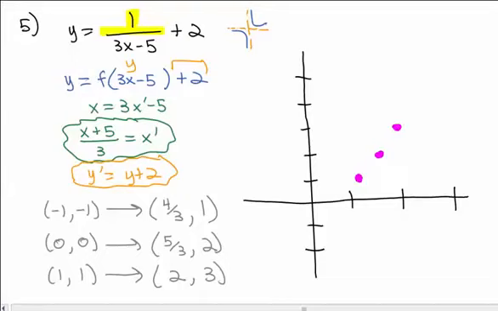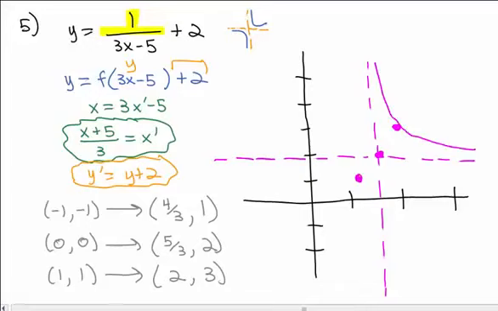Now remember, those points are not all on the graph. The center one is the intersection of the asymptotes. So go ahead and draw your asymptotes that have a crosshair at that center point, and then you can graph around the asymptotes. That last one wasn't very good. Our reciprocal function.